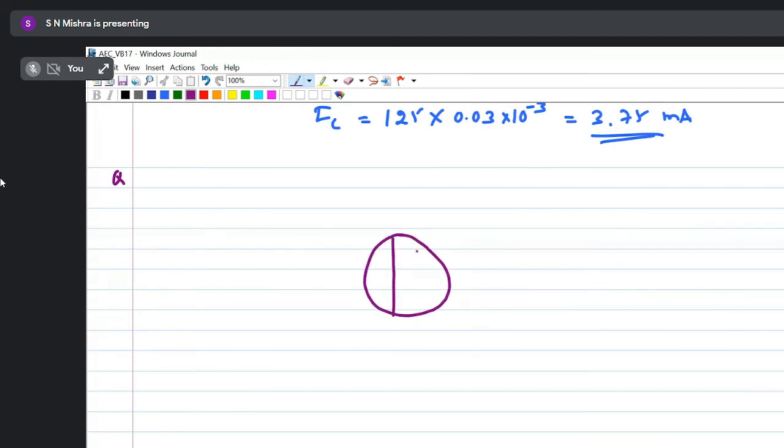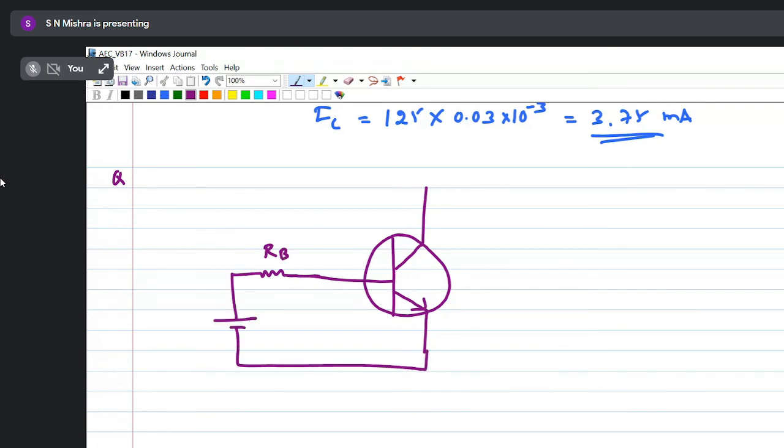Take the transistor like this. Here RB is connected, then one voltage source, resistor, here it is connected. So this is VB, VCC, RC.